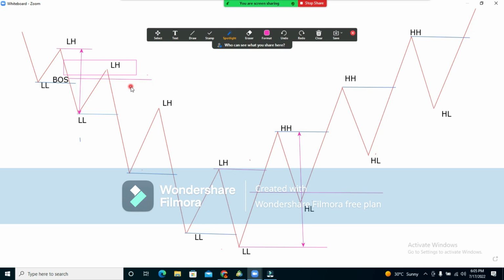Now, a fair value gap. A fair value gap is, okay, let me just use this now. Let's say this is your first candle. Then there are three candles like this.